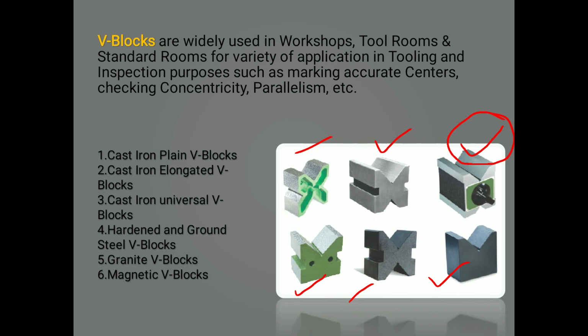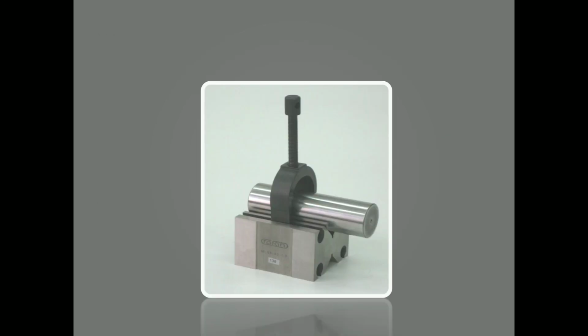For marking purposes, to check parallelism, or to check the concentricity of a cylindrical part, you must keep the part over the V block like this, and clamp this cylinder like this. With respect to the reference datum, you have to check the parallelism of this axis with respect to this plane, or concentricity with respect to other parts.